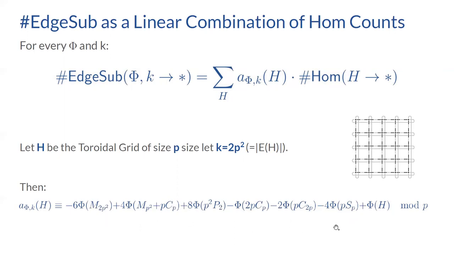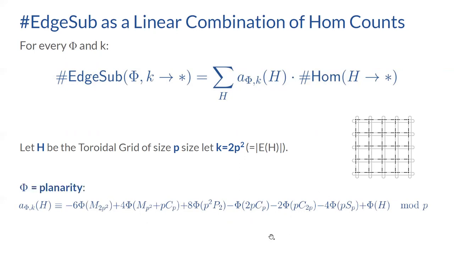As I said before, the important thing here is we only have this many terms, and this holds for any k. So for every prime p, we actually have this. And even if the primes grow, the graphs H, the toroidal grids, grow, but the sum still has only that many terms.